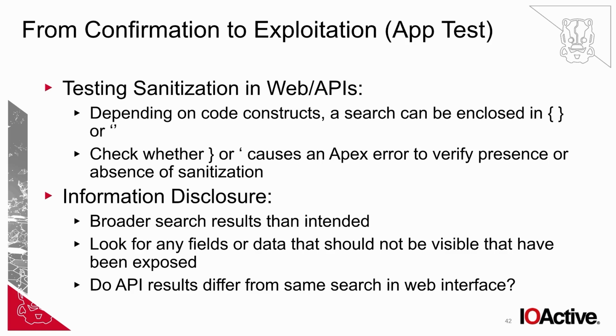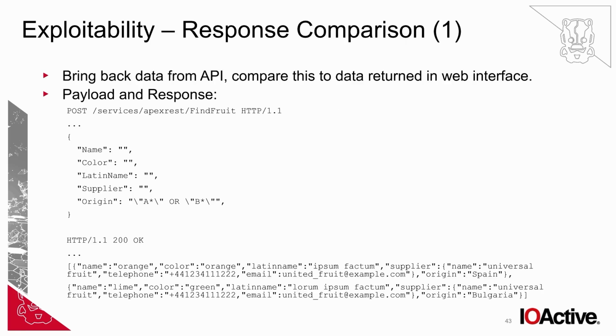In terms of the information disclosure issues in your web application testing, because we're looking for information disclosure, one of the ways of testing the APIs is to see if more information comes back from your injection attempts than it does within the web interface. Do you get different results back? You can partly do that with some sort of response comparison for what comes back in the API, where we've got that injection into the origin points.